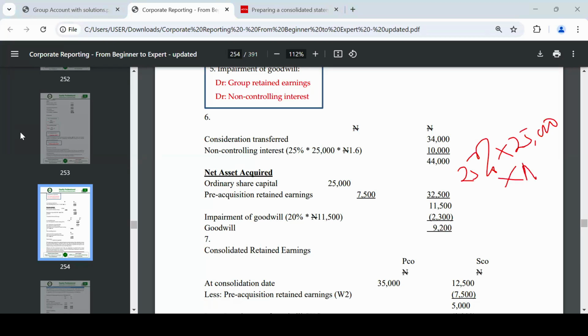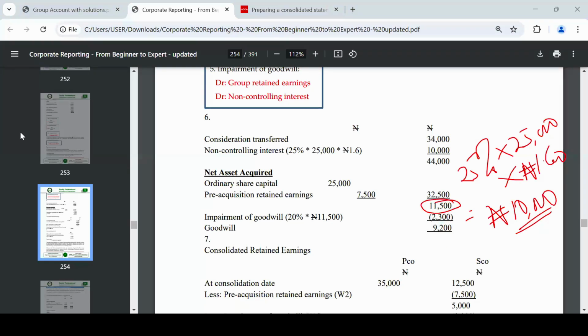Now, those shares are trading at N1.60 per share. Therefore, if you do this calculation the same way it was done in the solution, you get 10,000.